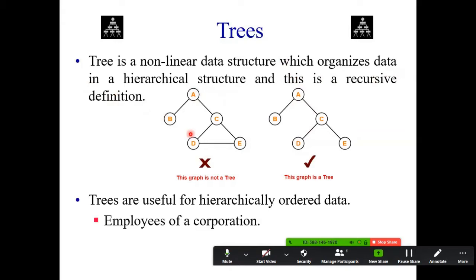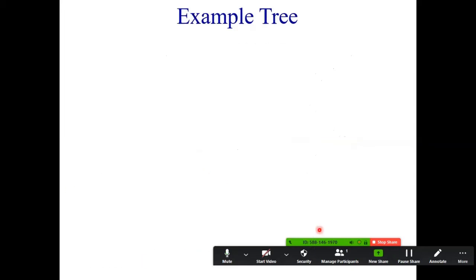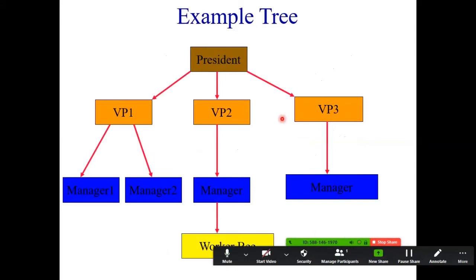For example, take the employees of a corporation. The corporation can have a president, vice presidents, managers, and worker bees. Look at this tree example. The president is at the top because he is the owner of the corporation, so he will be the root.